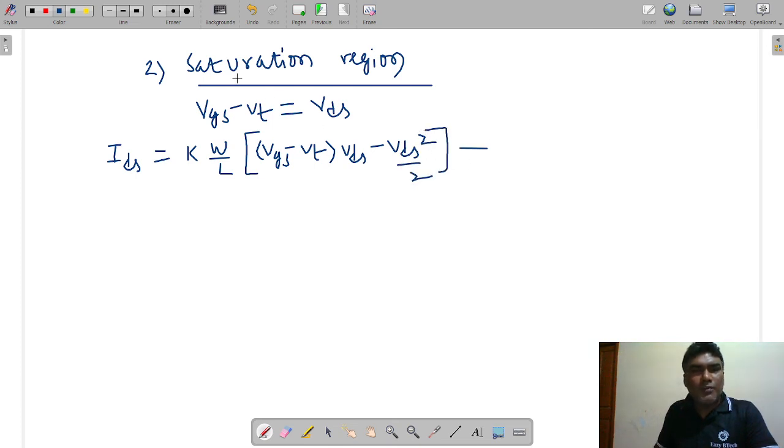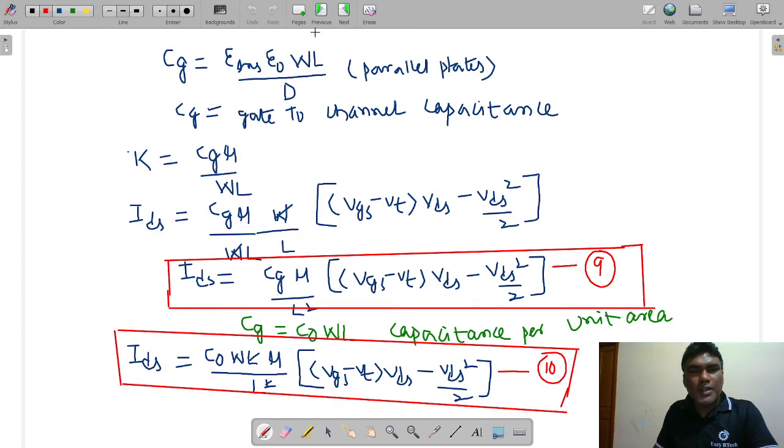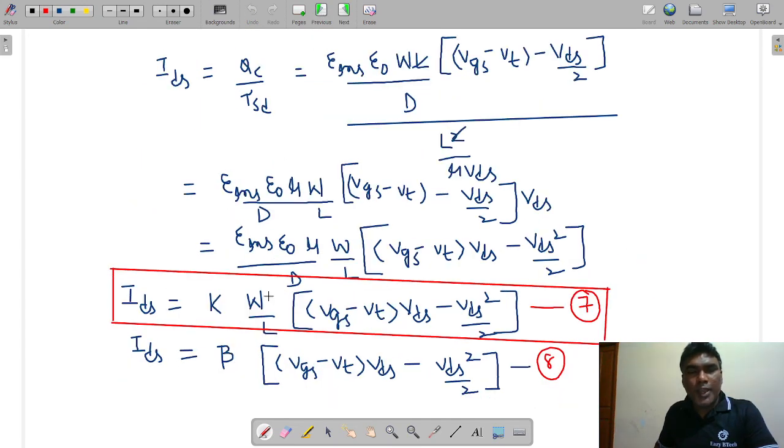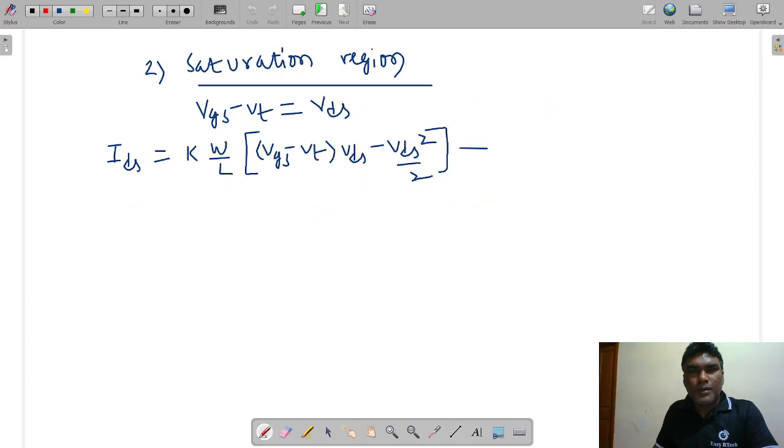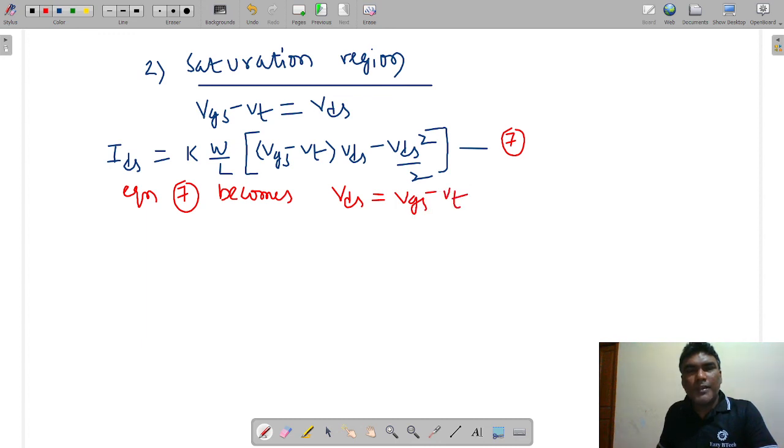So this is the equation we already wrote in the non-saturation region, equation number 7. Now equation number 7 becomes, where VDS equal to, substitute this VDS is equal to VGS minus VT.